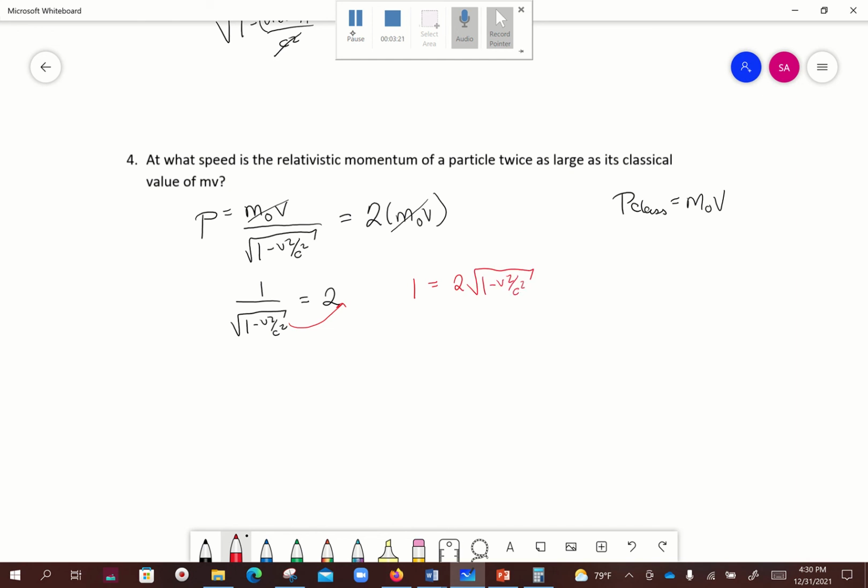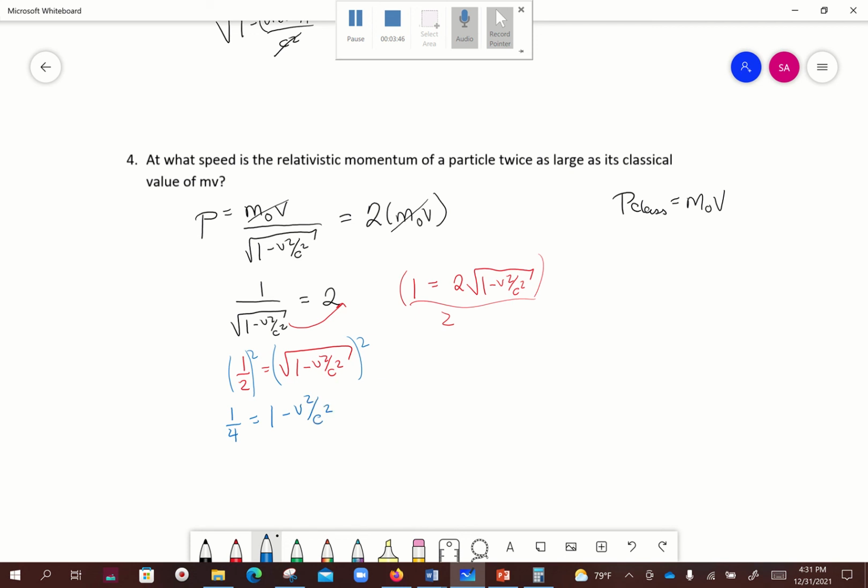Divide by the 2 on both sides. So I get 1/2 is equal to the square root of 1 minus v squared over c squared. What's the next step? I want to get rid of that square root, so I'm going to square both sides. Squaring 1/2, I get 1/4. Squaring the square root, I get rid of the square root.